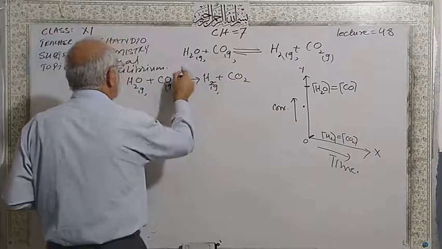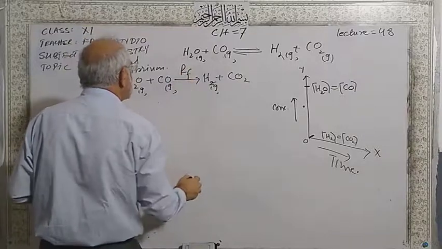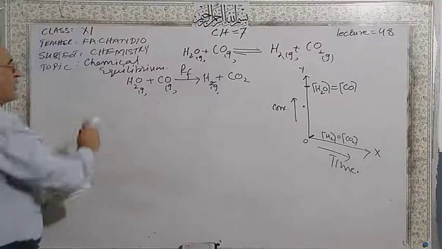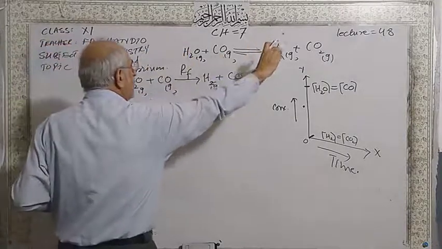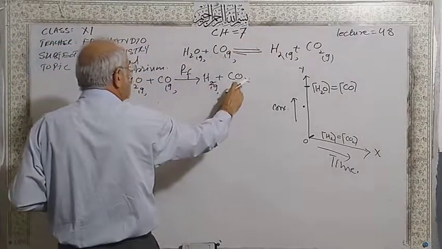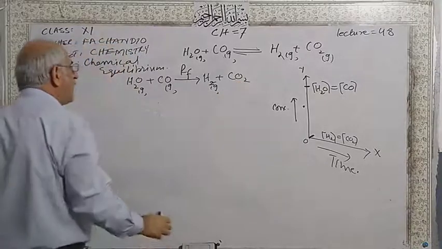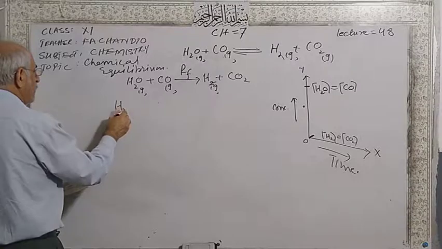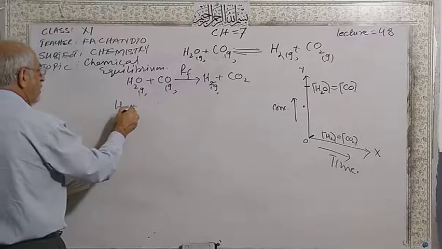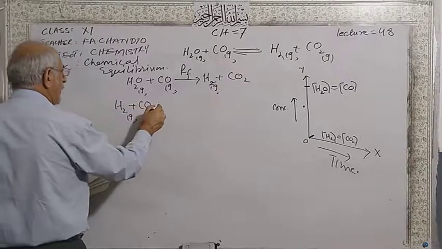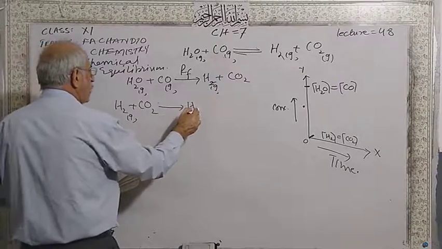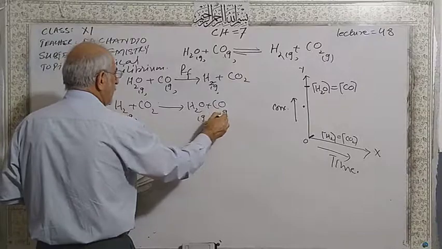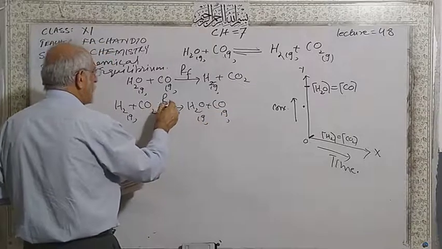This is the rate of the forward step, and this chemical reaction is the forward reaction. Then accumulation takes place of hydrogen and carbon dioxide gas, and the reverse reaction happens. Hydrogen gas and carbon dioxide gas change into gaseous water and gaseous carbon monoxide. This is the reverse reaction.